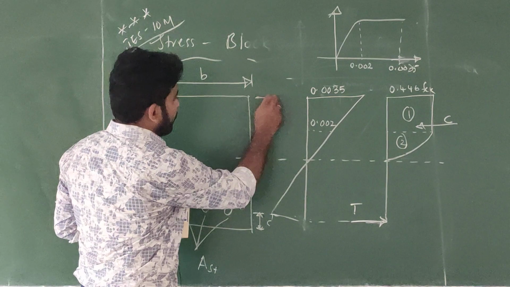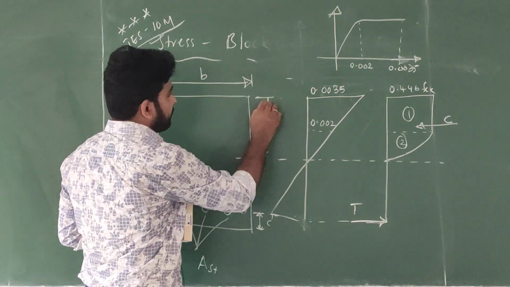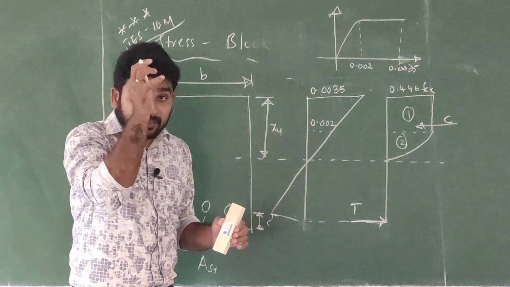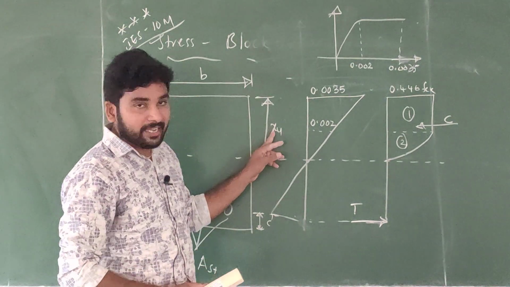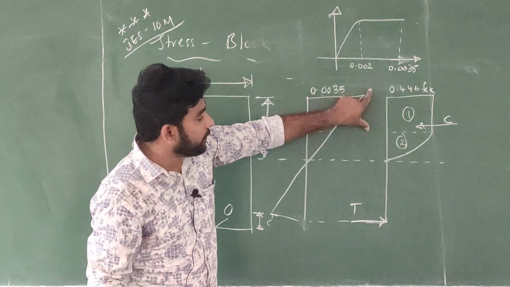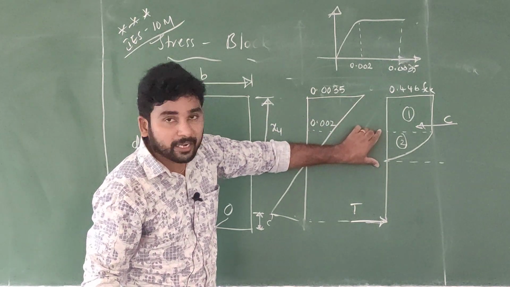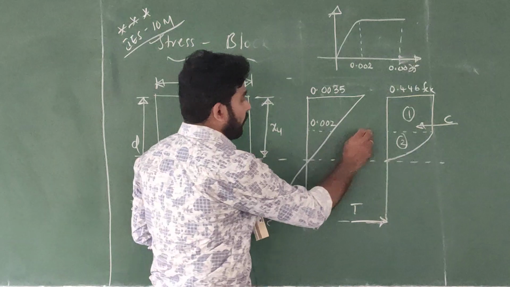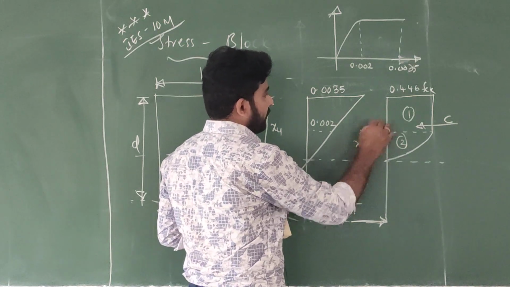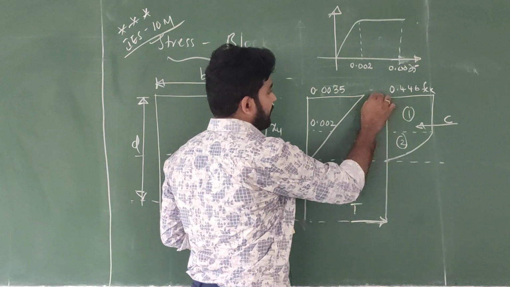Now we know this is the depth of the neutral axis xu, but I won't consider the complete xu because it is parabola and rectangle. Now I am assuming this depth as x1 and this depth as x2.